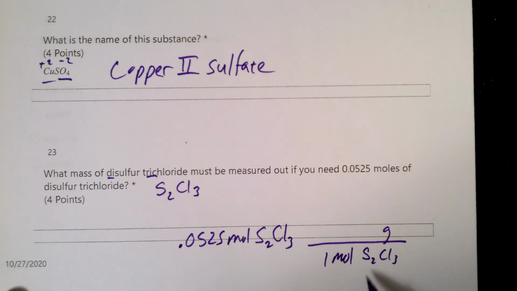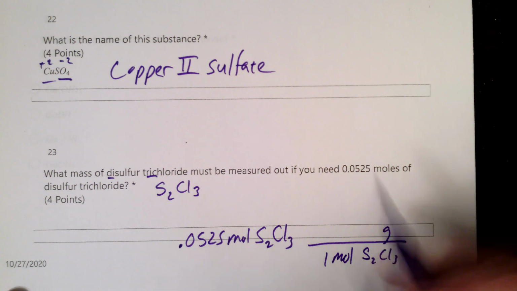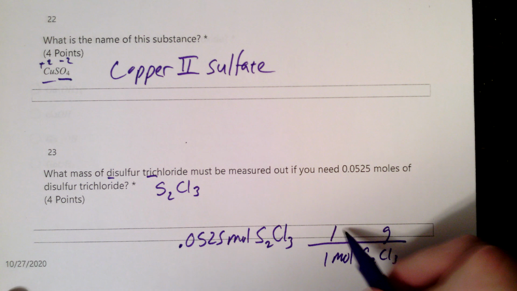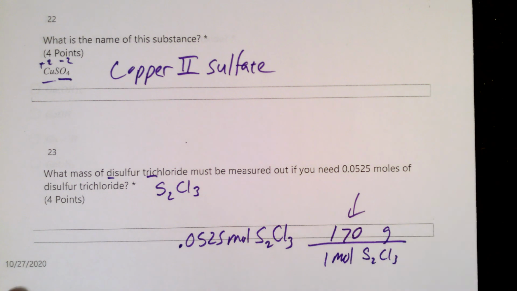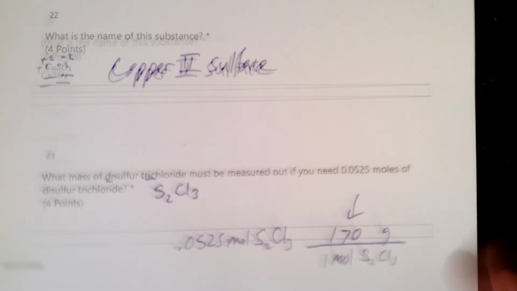Well, it's 3 chlorines is about 105. 2 sulfurs is 64. So this gets, I think, 106. Actually, it's right about 170 grams. And this was from adding up 2 sulfurs and 3 chlorines from the periodic table.